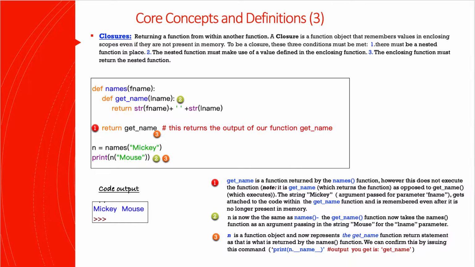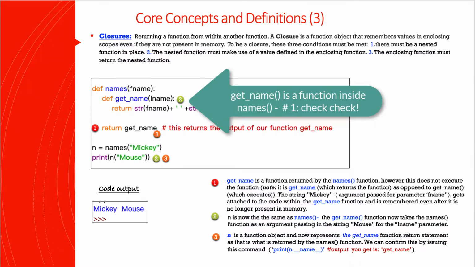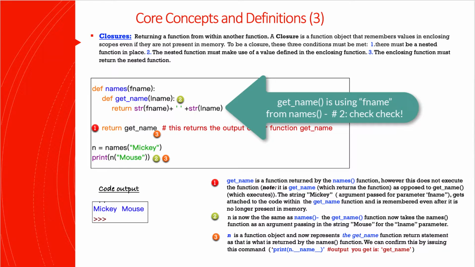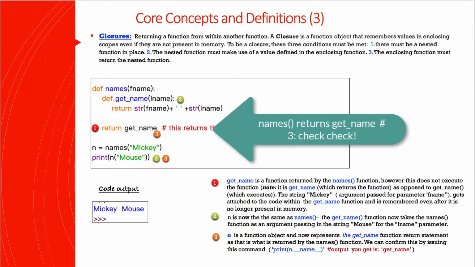To be a closure, these 3 conditions must be met. Number 1, there must be a nested function in place, so a function inside another function. 2, the nested function must make use of a value defined in the enclosing function. And 3, the enclosing function must return the nested function.